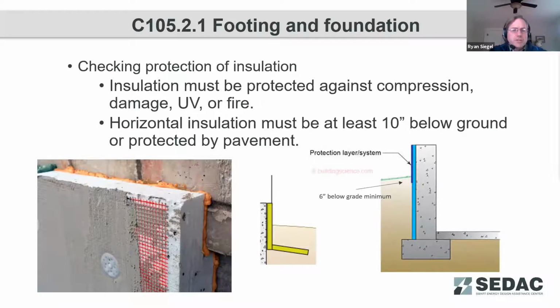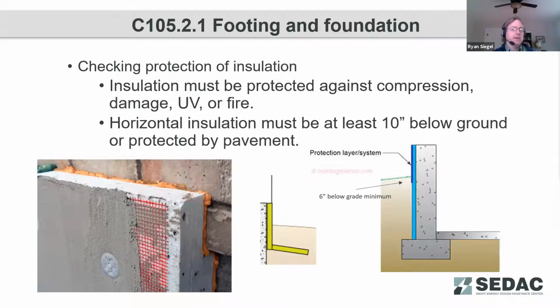Here on the left-hand side, this is an insulation product that looks like it's being overlaid by a stucco coating. That's providing some protection against physical damage and likely UV damage as well. It may also be providing some fire protection.